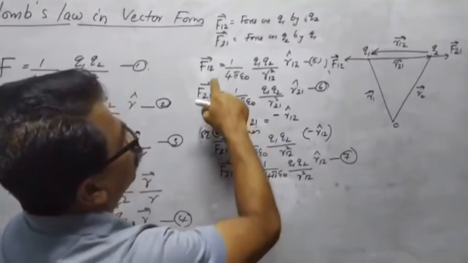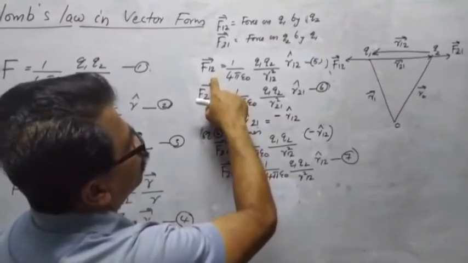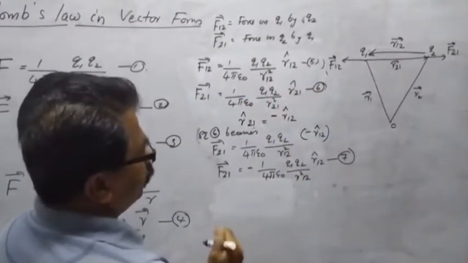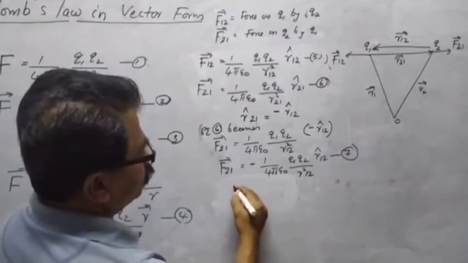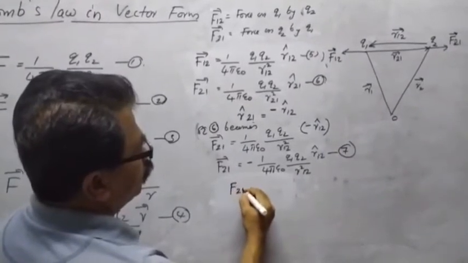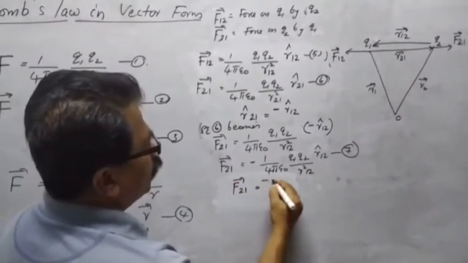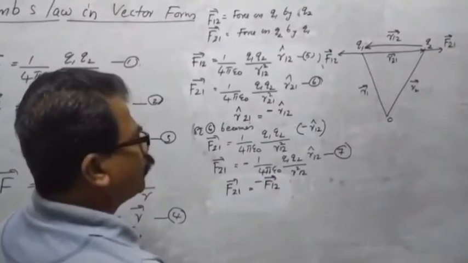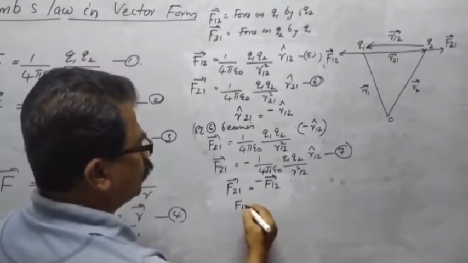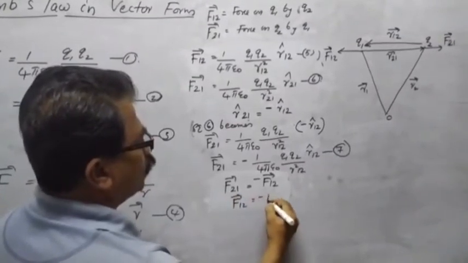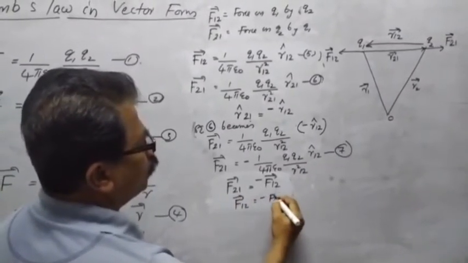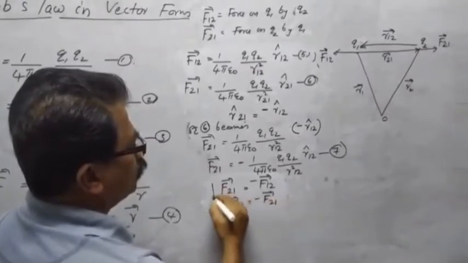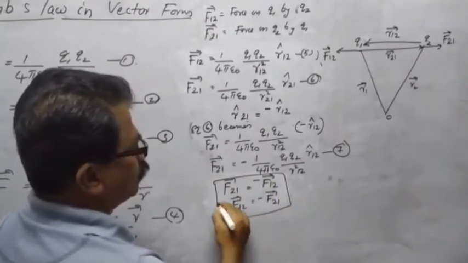Therefore, from equations 5 and 7, we have F21 equal to minus F12, or reversed, F12 is equal to minus F21. This is an important relation.